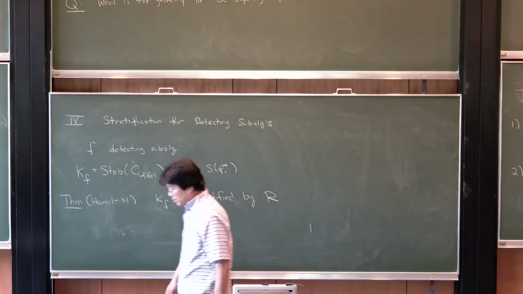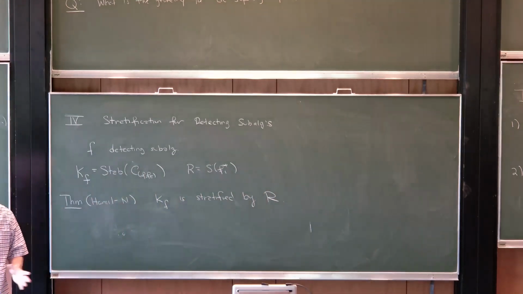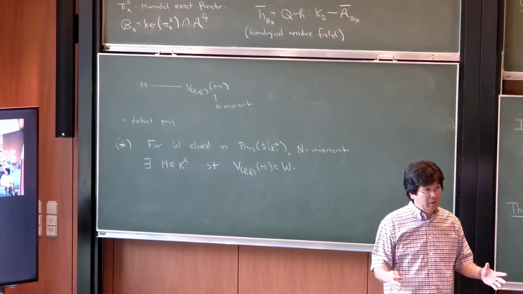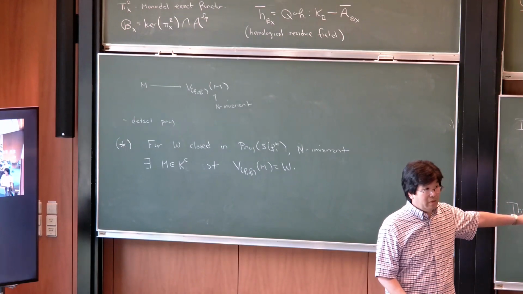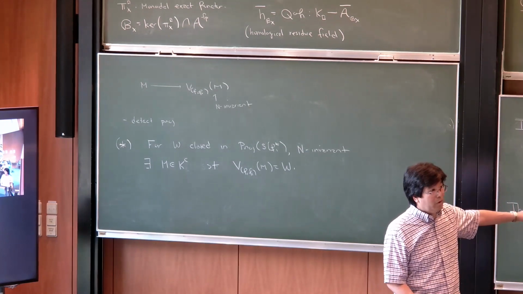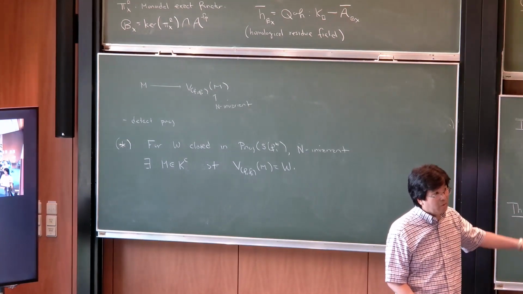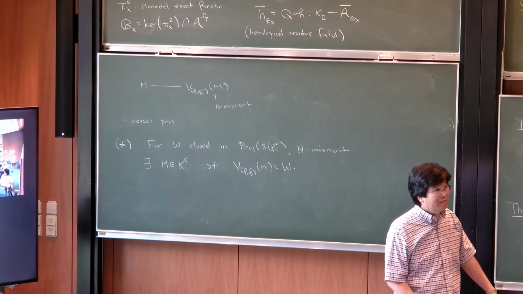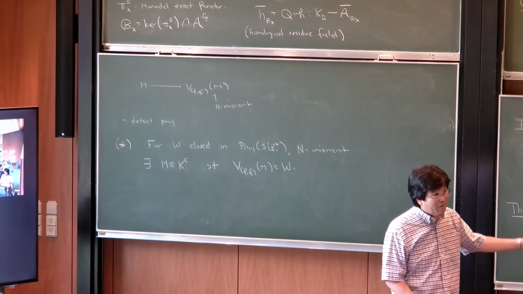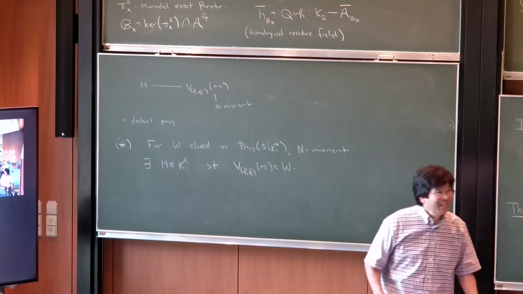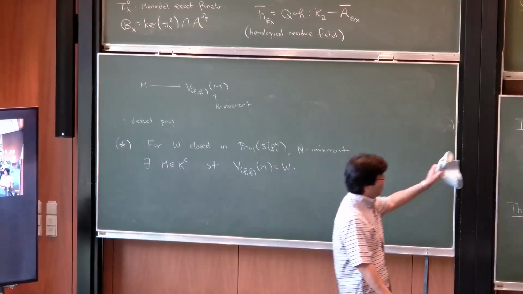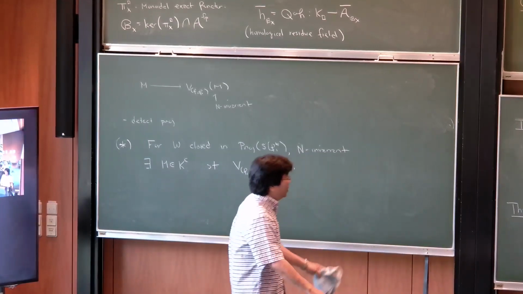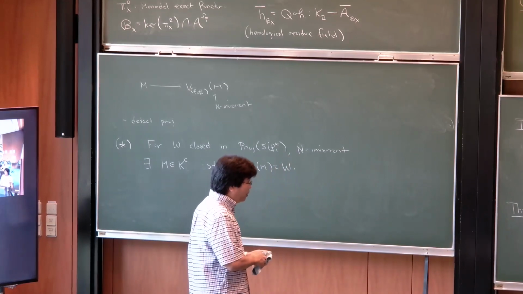In general, you can define detecting subalgebras more generally than for GL(m|n), so this will apply to those too. For classical simple Lie superalgebras like OSP and other ones, F4 or G3, you have detecting subalgebras. But I didn't want to go over all that, I just wanted to stick with these. If you want to think of this as GL(m|n), that's fine. So K_F is actually stratified.